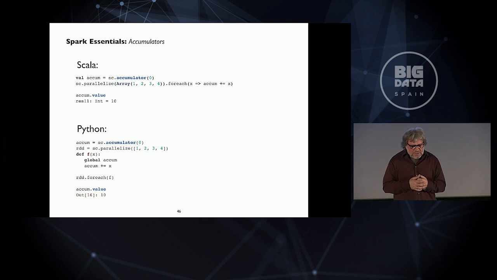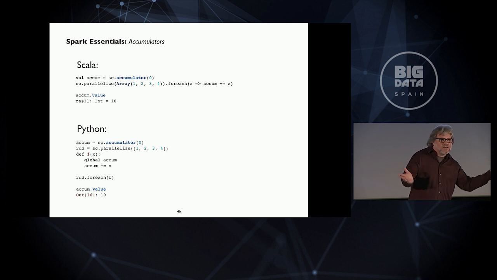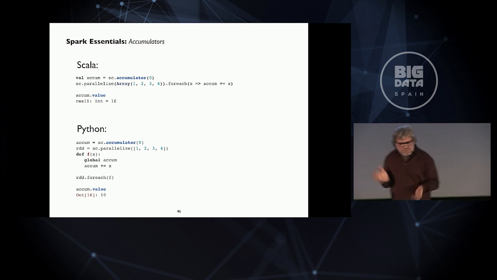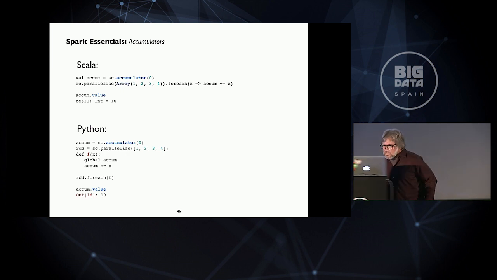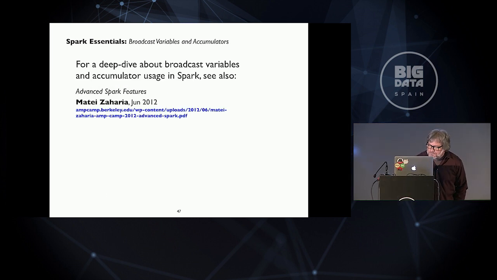Or you may be using accumulators to measure some of the resource use inside of your algorithm. A lot of different ways you want to do an accumulator. The one thing about it, though, is they cannot be read on the worker. They can only be read on the driver, because accumulators are distributed by nature. No one worker would be able to see all the data.